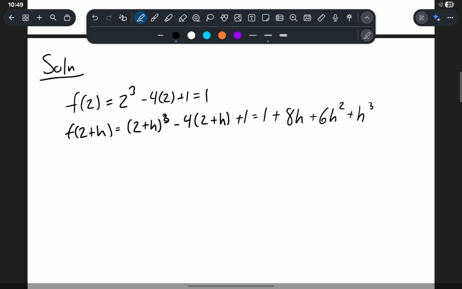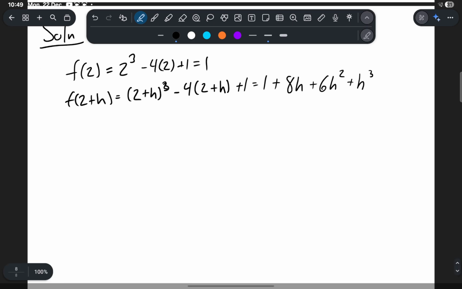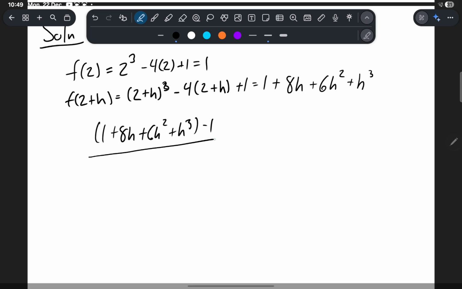You can FOIL it out yourself if you want to figure out how I got there, but just to save time, I did that. So now we want to plug it into our equation. So we have 1 plus 8h plus 6h squared plus h cubed minus 1 over h, which would equal 8h plus 6h squared plus h cubed over h.